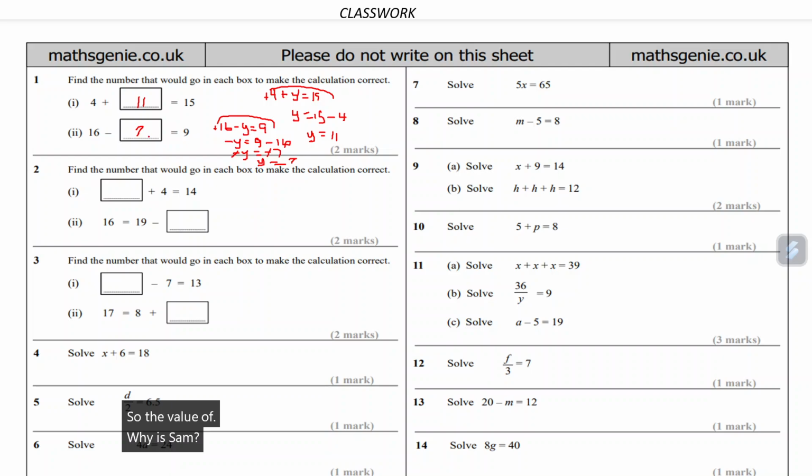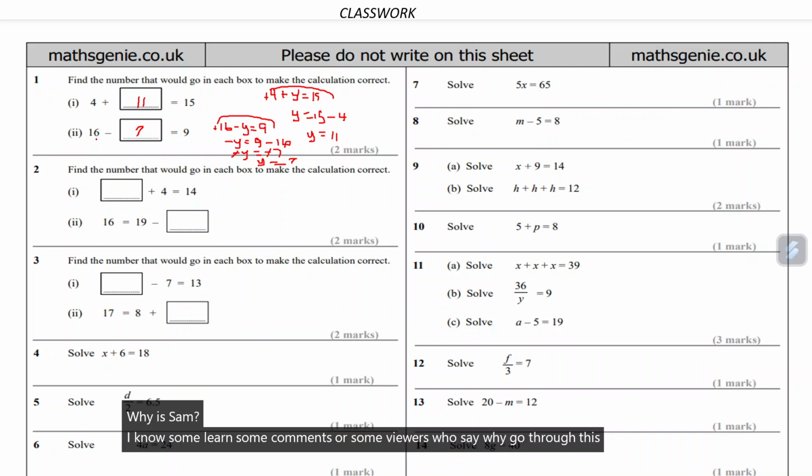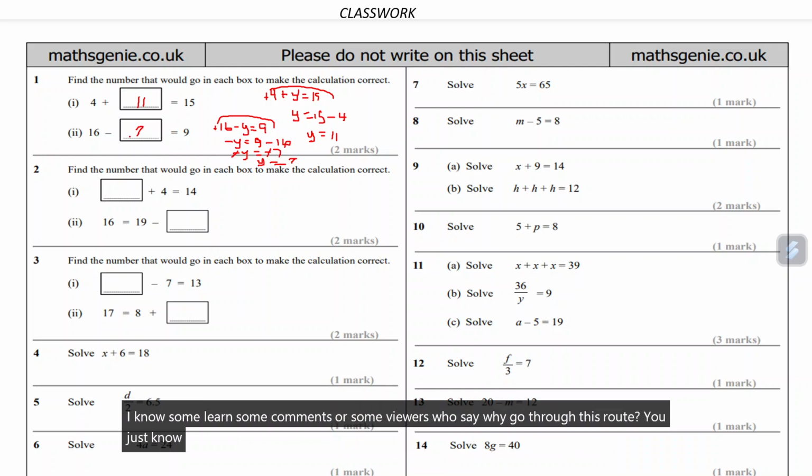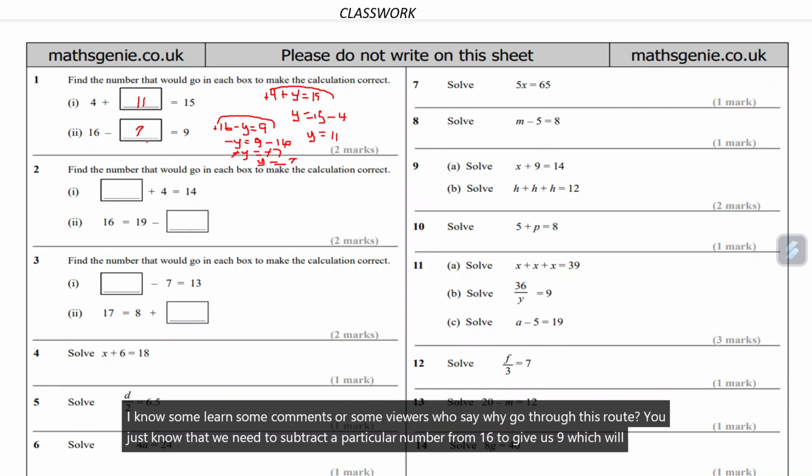I know some commenters or some viewers will say, why go through this route? Just know that we need to subtract a particular number from 16 to give us 9, which will be 7. Yes, that's good.